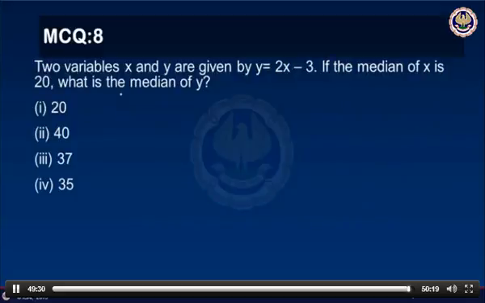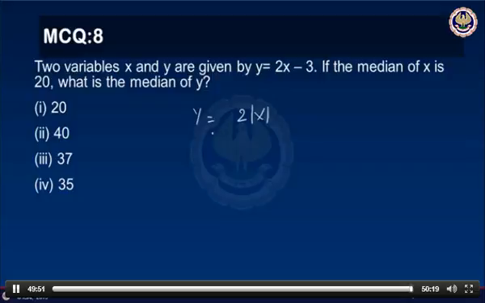Now MCQ 8. Two variables x and y are given, y equal to 2x minus 3. The median of x is 20. What is the median of y? In this case we have to find 2 times the median of x minus 3.